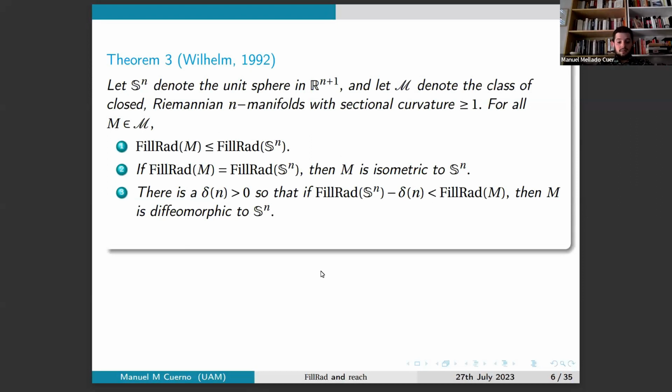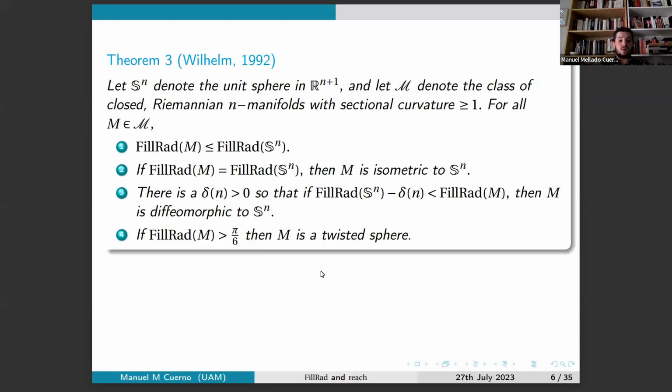There exists a delta depending on the dimension such that if the filling radius of the sphere minus delta is less than the filling radius of the manifold, then M is diffeomorphic to the sphere. And lastly, if the filling radius is greater than pi/6, then M is a twisted sphere.